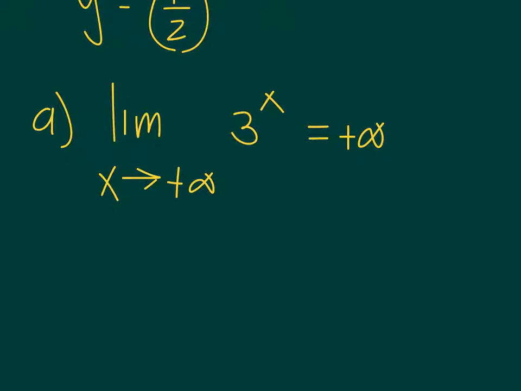I always use the idea that we should know the graph of 3 to the x, so that you can have a concrete view, an idea. Why is it positive infinity? The graph of 3 to the x, based from the lesson on exponentials, will pass through a point on the y-axis, and this will go in this way.